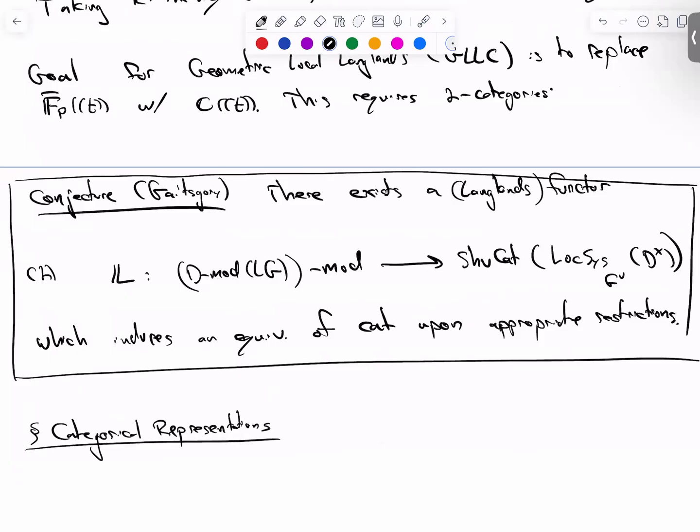A reference for this second half: Gaitsgory has a very good exposition of categorical representation theory, where he explains this conjecture at the end. It's written in a very friendly expository way. Even I could follow enough.